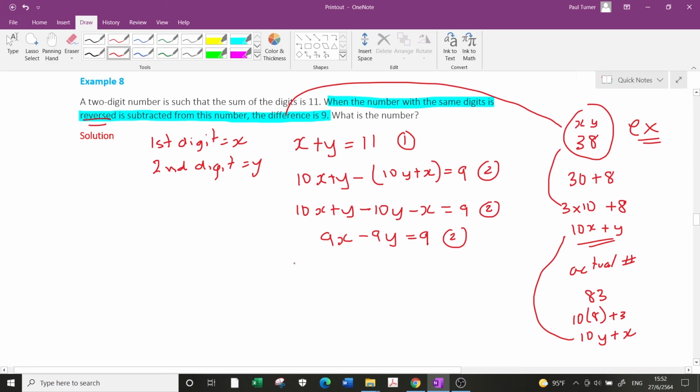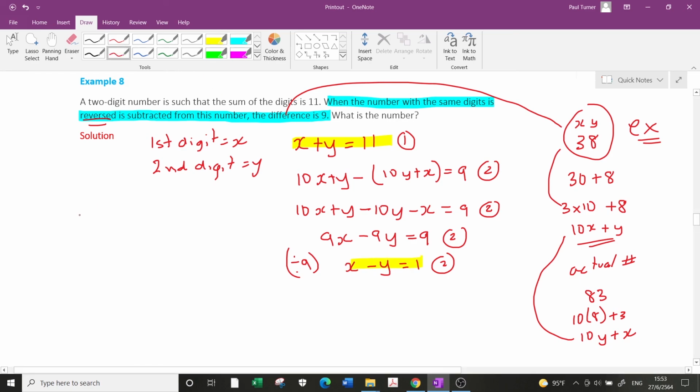If you divided everything by 9, you'll get x minus y equals 1 as equation 2. So it simplifies quite well. So we have x plus y equals 11. So these are our two equations.